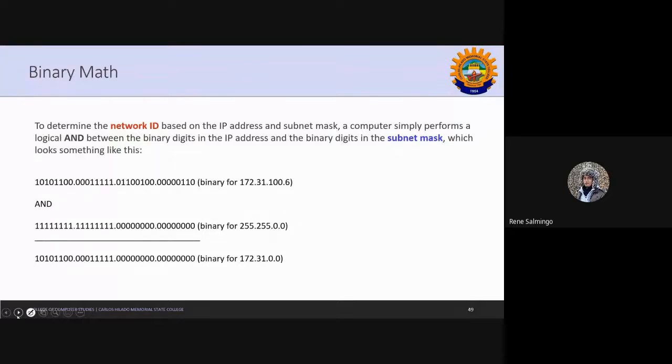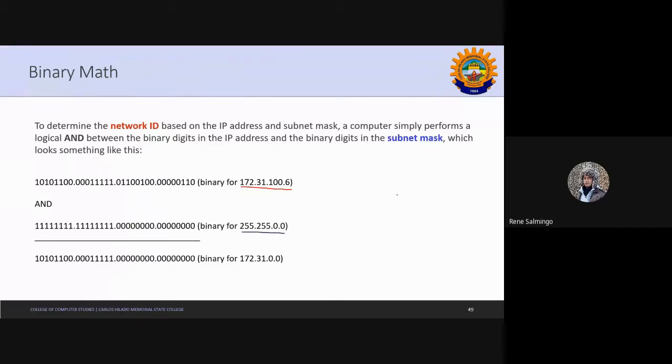the computer simply performs logical AND between the binary digits in the IP address and the binary digits in the subnet mask. So this is your network ID example, and your subnet mask is this one.